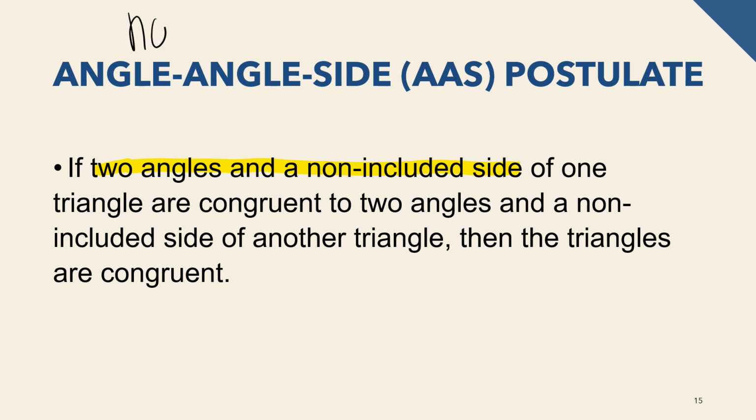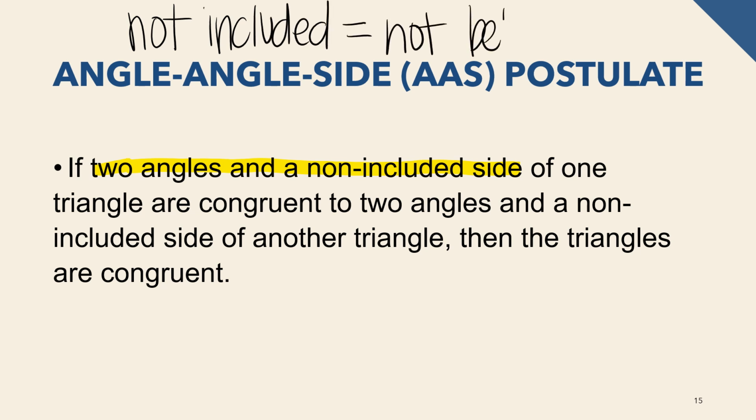So if included meant between, not included means not between. All right, so this time we've got two angles and a non-included side. All right, so let's draw a picture of what that's going to look like.